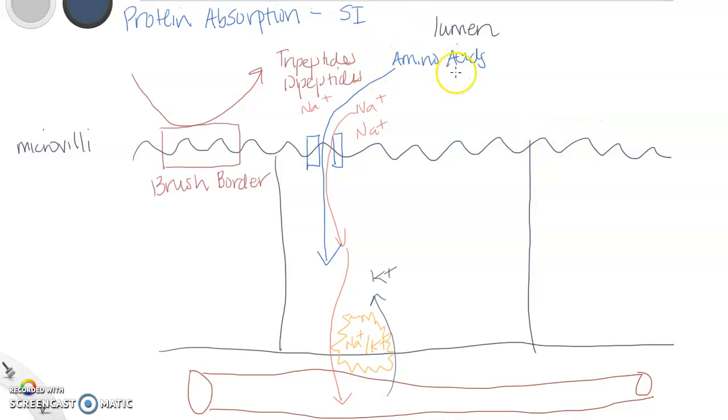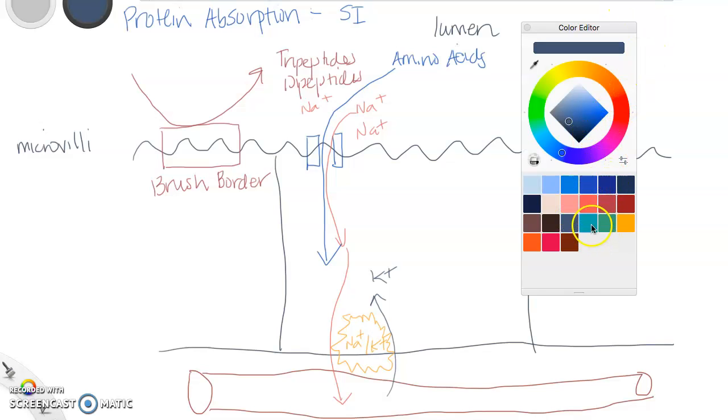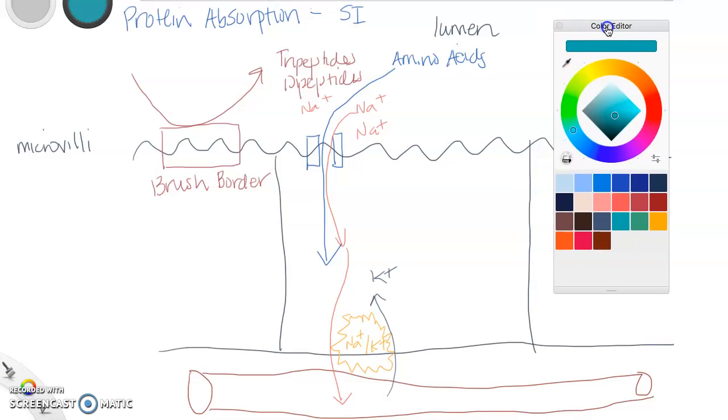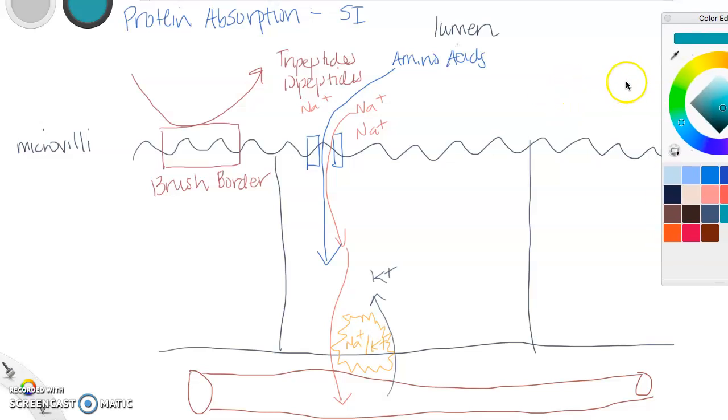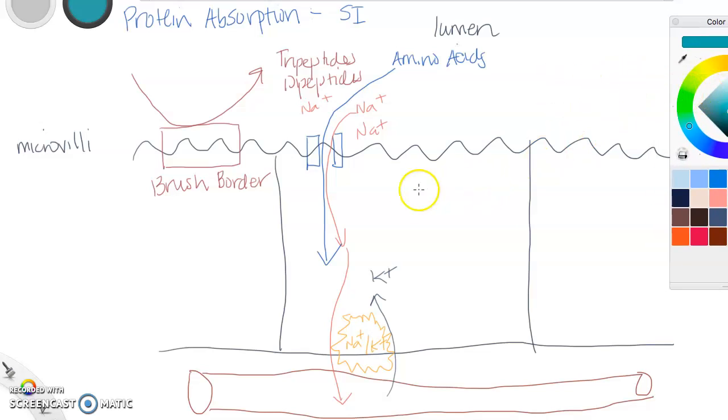Now the tripeptides have a little bit different way to get into the cell. There is a transporter on the cell. And again, it allows for sodium to move.